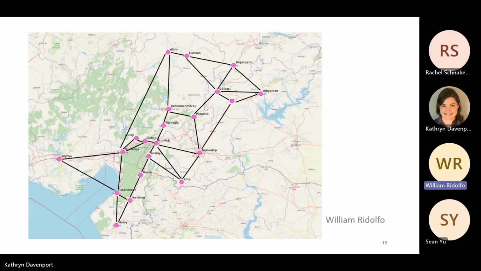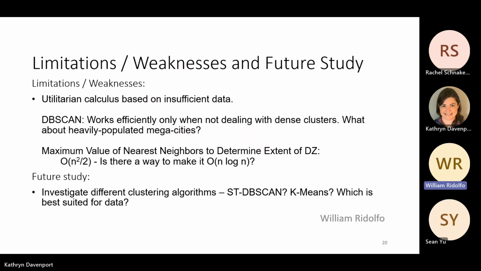So eventually we generated this network here. The nodes were generated from the clustering algorithms associating the cities with each cluster, following the roads, and then using Google Maps to determine the edge weights of each of these. There were some weaknesses and limitations with this. First, there's insufficient data. Second, DBSCAN is only going to work in areas that don't have dense clusters.